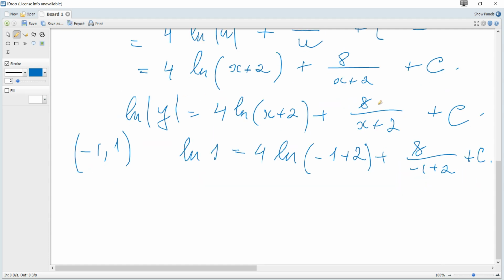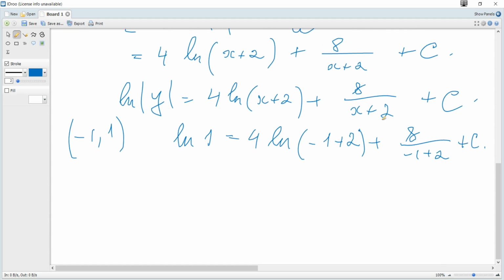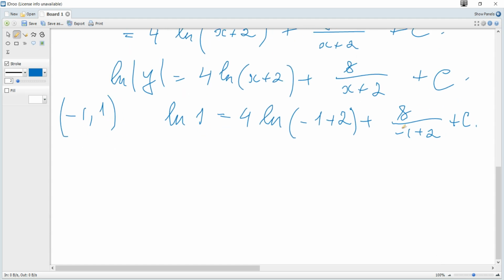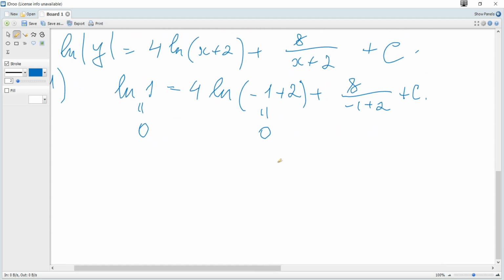And we want to find the constant. The left side is 0 because ln of 1 is 0. So we get 0 is just 8 plus c. So c is negative 8.